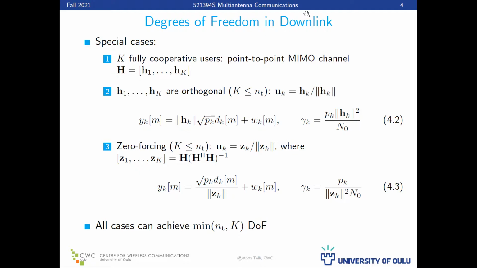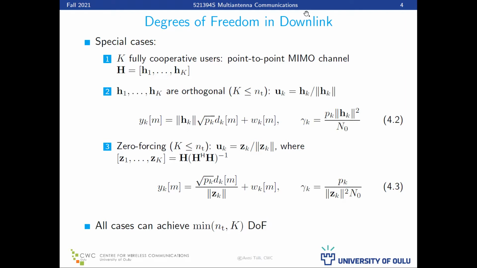So we get a diagonal power loading with E1 square root divided by Z1 norm. Just multiplying, we have a diagonal P matrix with diagonal Z inverse matrix times D vector.